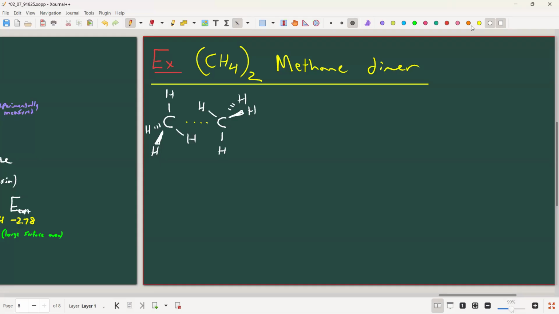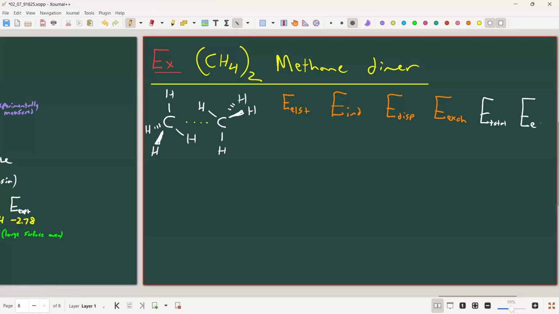And let's look at the energies for this: electrostatic, induction, dispersion, and exchange. We're going to look at the total, and we're going to compare it to experiment. Once again, this has no dipole.